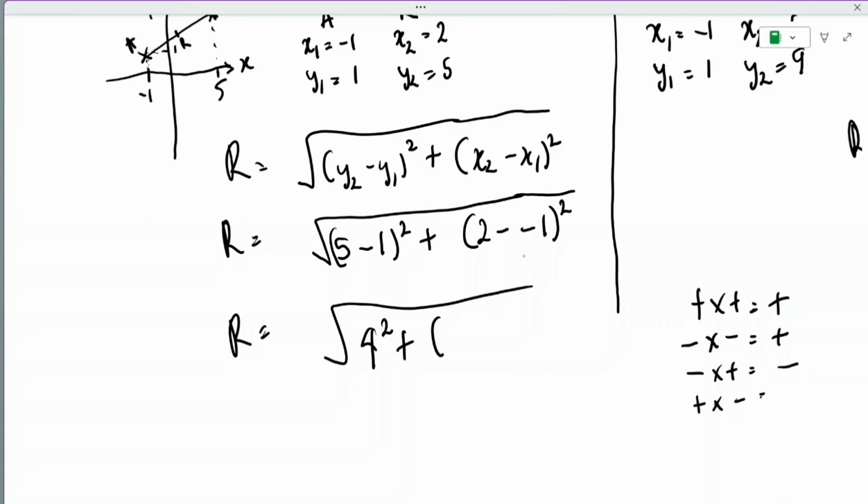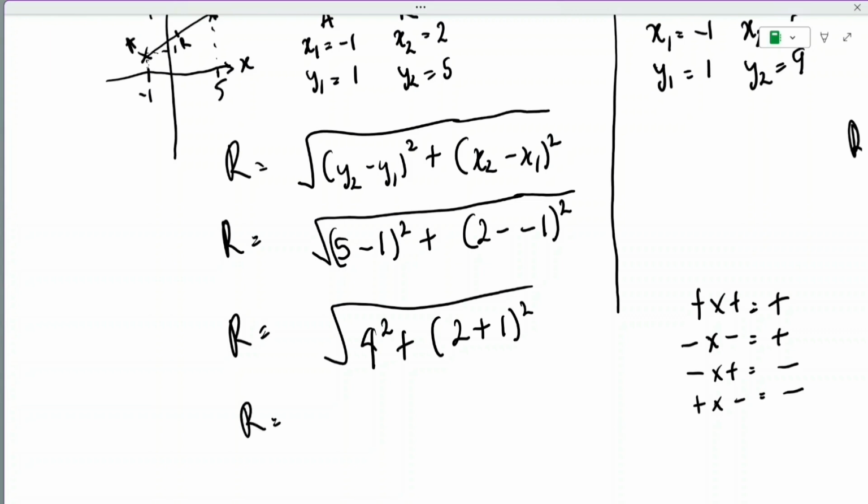Positive times negative equals negative. It's still the same thing as saying negative negative, as in this case. So we'll take the 2 first. Negative times negative is positive, so you have plus 1, close bracket, square.